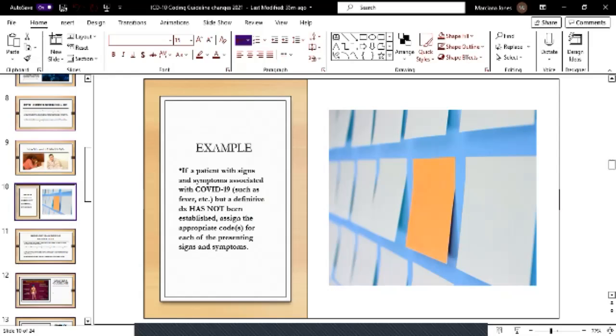So if a patient has signs and symptoms associated with COVID-19, such as fever, but a definitive diagnosis has not been established, assign the appropriate codes for each of the presenting signs and symptoms. I'll say it in simpler terms.